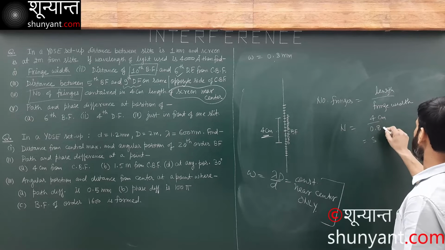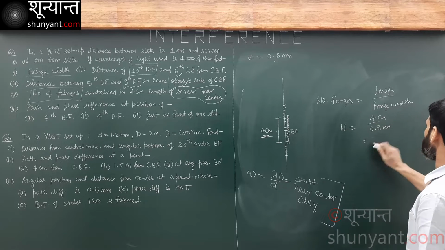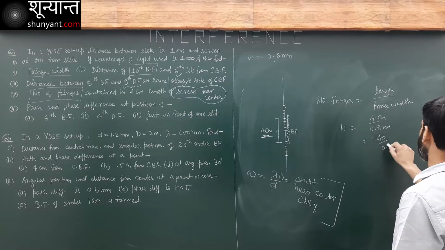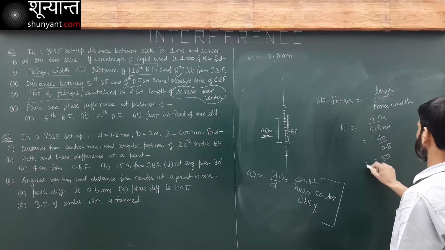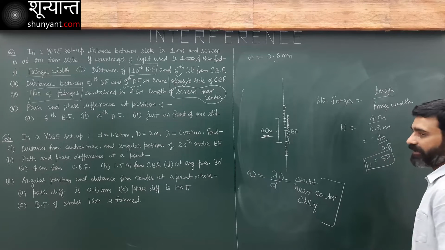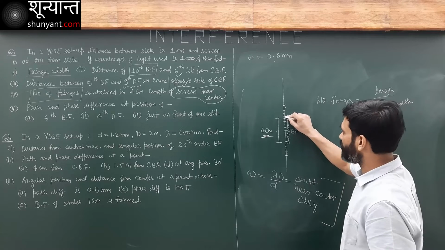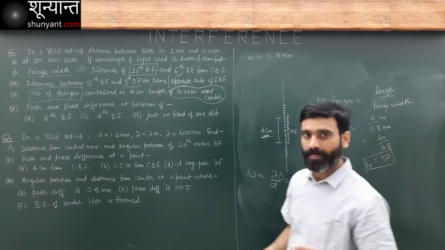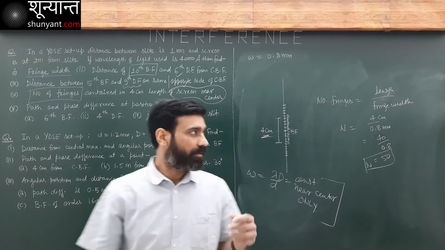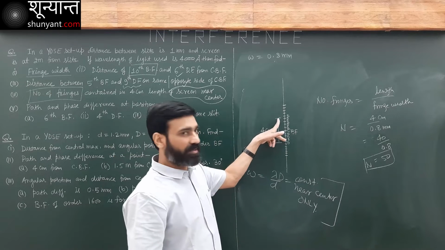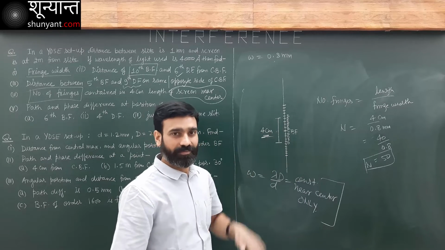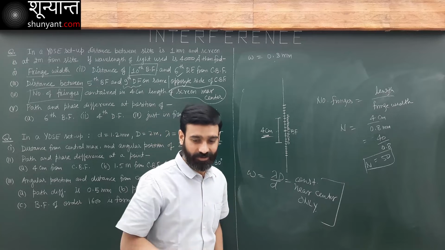So it becomes 40 over 0.8, which is 50. That means if you start counting, in 4 centimeter length you will find 50 bright fringes or 50 dark fringes also.